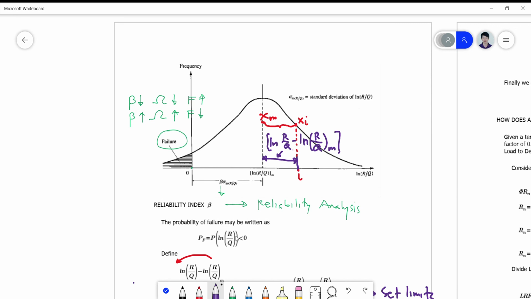So if that is true, then the ln of R over Q mean is always greater than ln of R over Q. That's why this becomes a negative sign, indicating that this is always greater.